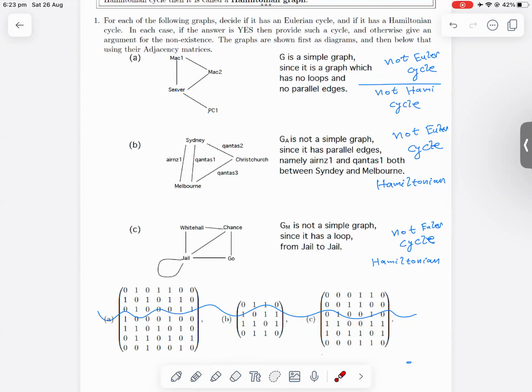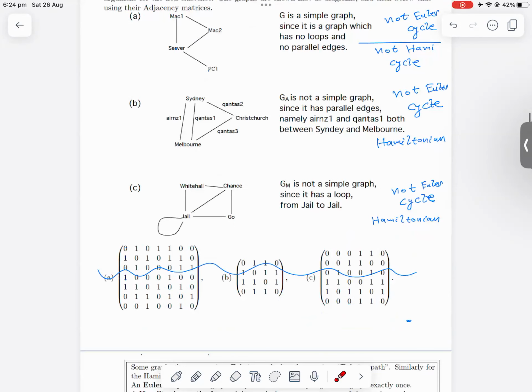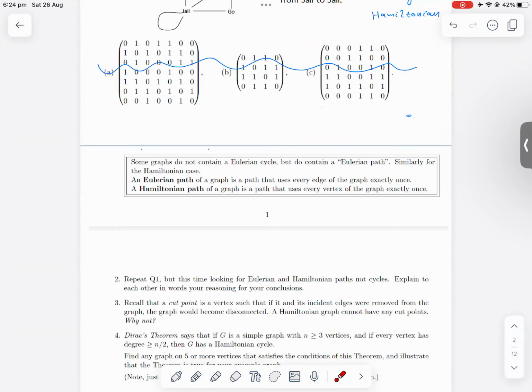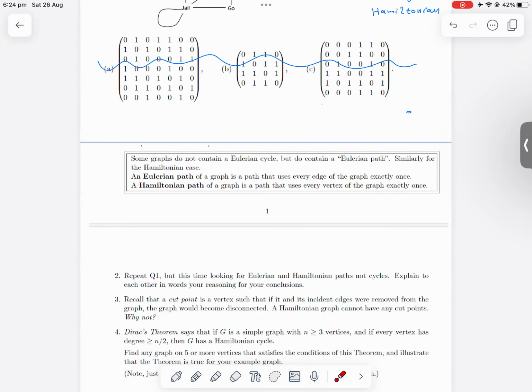Okay, it doesn't have a Eulerian cycle, but it is Hamiltonian for sure. So we see that we can have a cycle and we can pass through every vertex just one time.